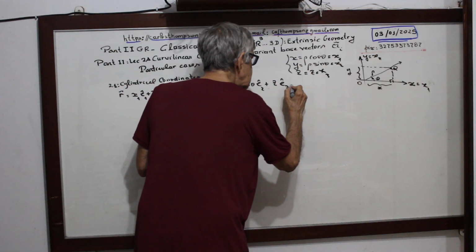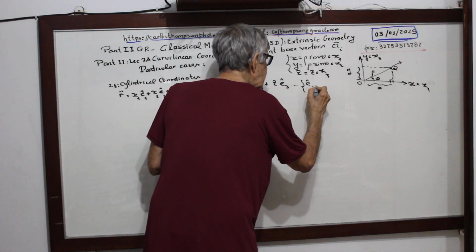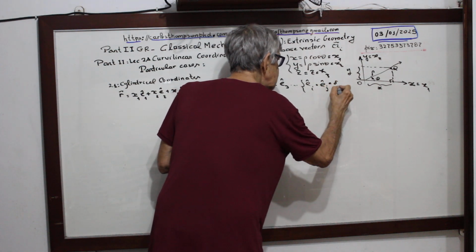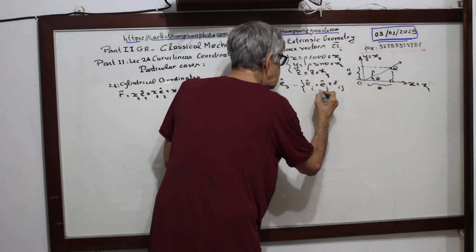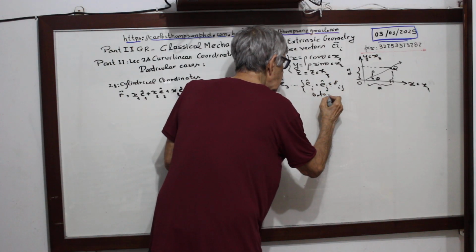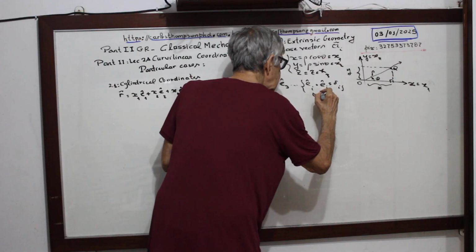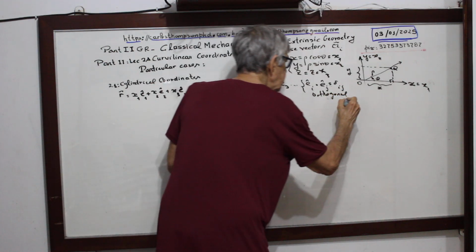Remember, ours this ei dot ej is delta ij. Okay? What this means? Orthogonal base vectors.